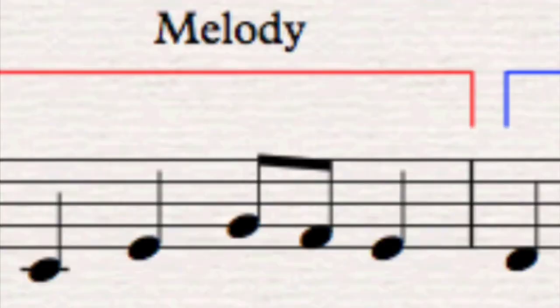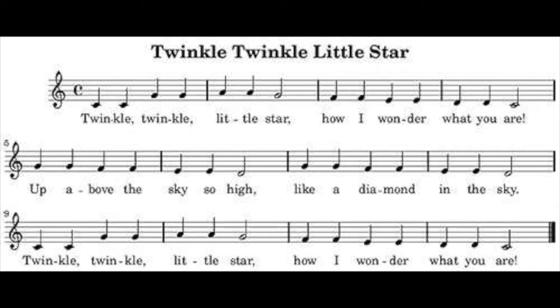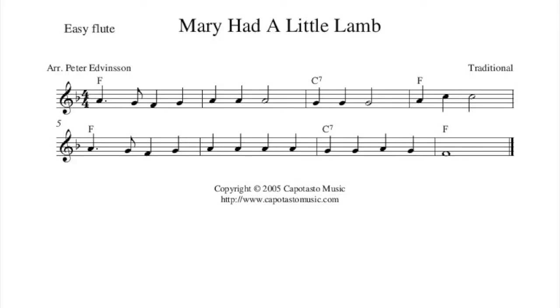Melody is a sequence of high and low tones or pitches created for a particular purpose. An example of a melody is the song Twinkle, Twinkle, Little Star. Or Mary Had a Little Lamb.